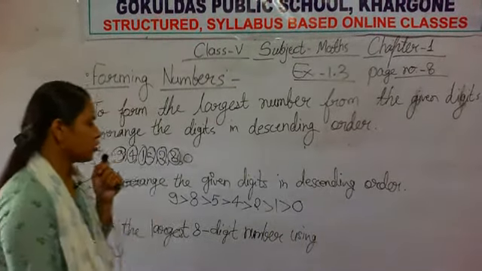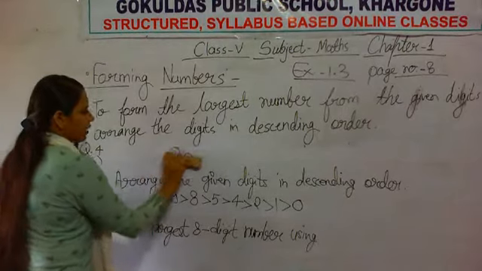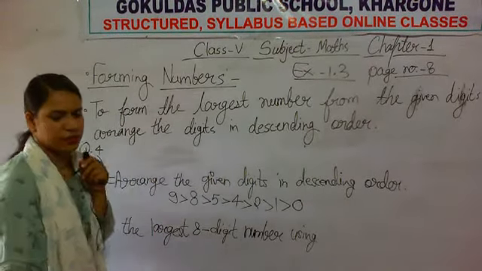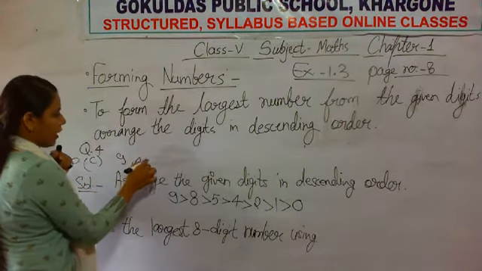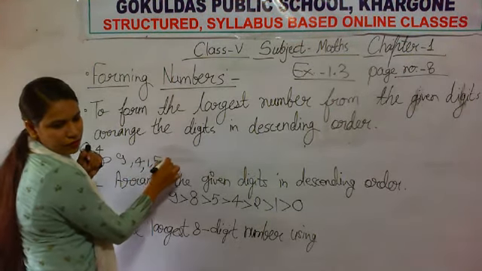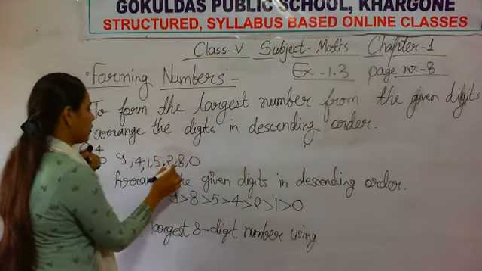Okay. So we have done our first task, that is, we have arranged all the digits in descending order. 9415280 were our given digits.